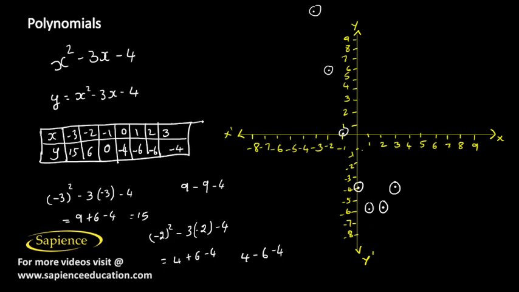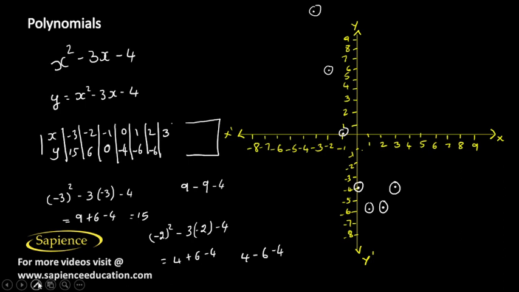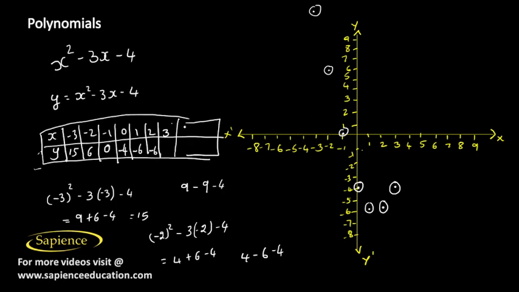So we can find more values here. Let's find for 4 and 5. What was the value for 3?